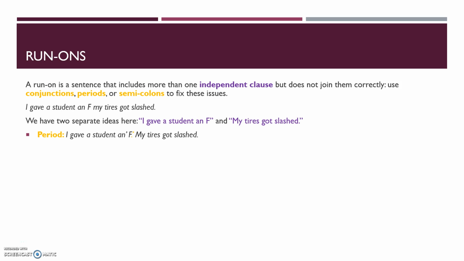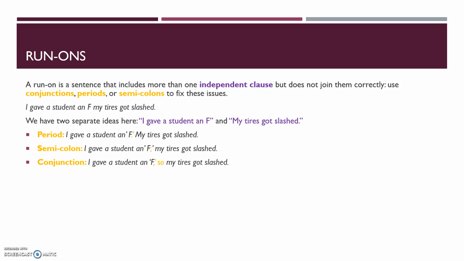So you could just add a period. I gave a student an F, period, capital M, my tires got slashed. If you want to keep it lowercase and make sure the sentences are sort of connected even though they're still complete, you can use a semicolon. I gave a student an F, semicolon, my tires got slashed. You can also add a conjunction. I gave a student an F, comma, so my tires got slashed.